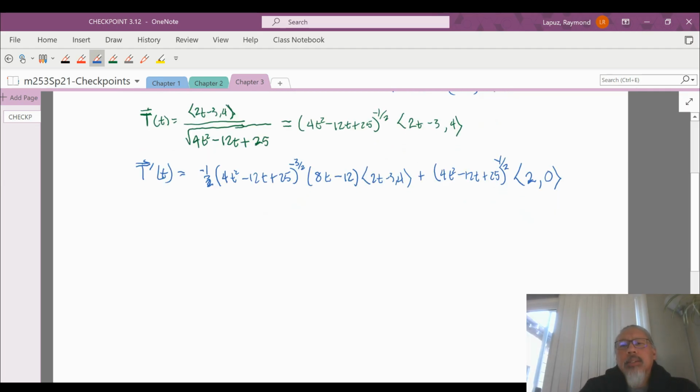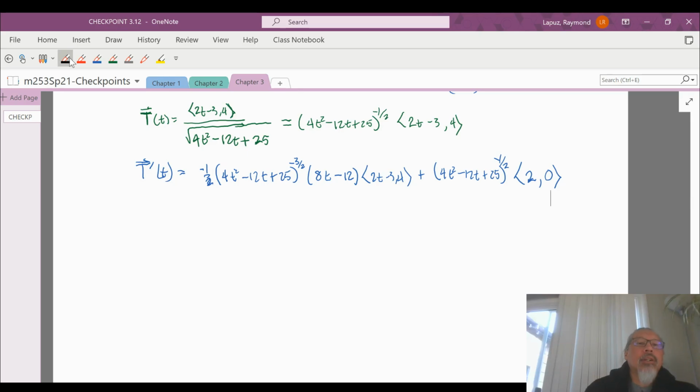As I look at this, I'm only going to be concerned about adding the first component, the x component, and the second component is just going to be whatever is left here on the first part. Let's do some simplifying if we can.